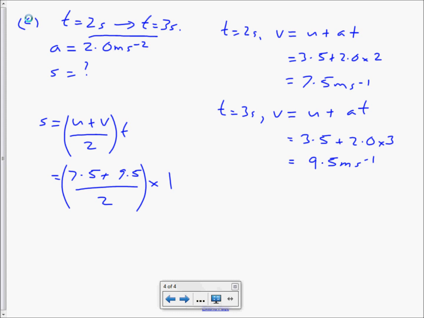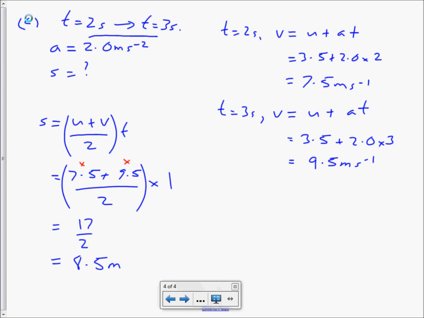So what we've got here is the velocity at the beginning of the third second, the velocity at the end of the third second. And we're taking the average of the two and multiplying by 1 second, being the time interval between t equals 2 and t equals 3. So we've got 9.5, 10, 17 over 2, which is going to be 8.5 meters.